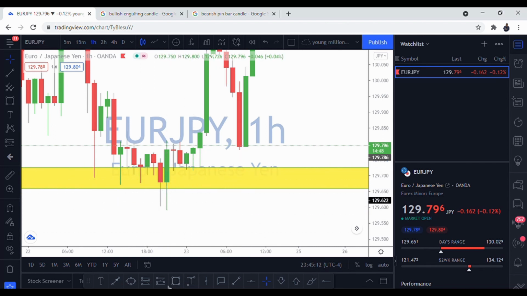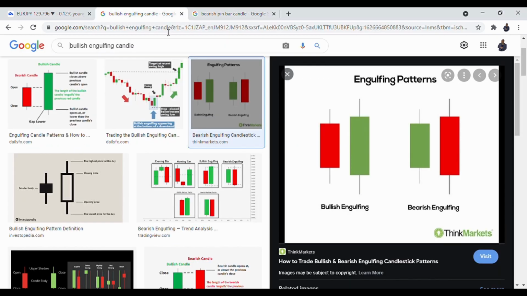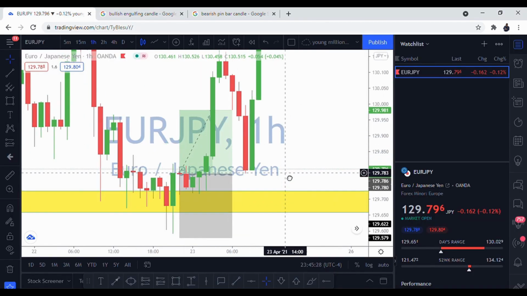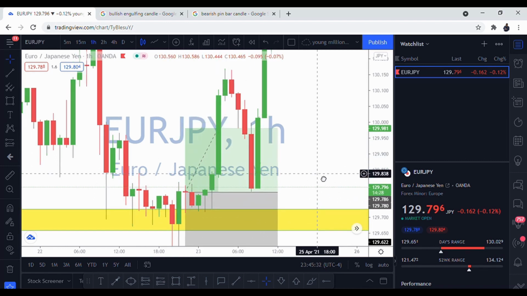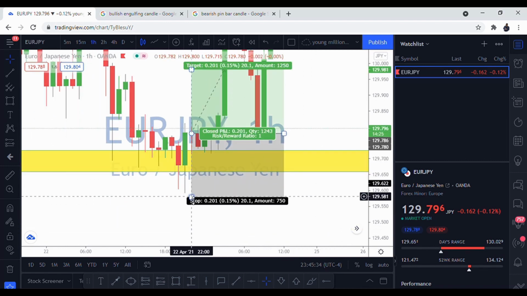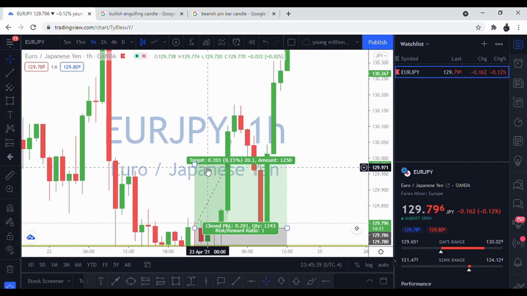Same principle, we'll put it right at the close where the price decided to close, and this would be a bullish engulfing, bullish this time instead of bearish. Basically this is what we do. So put it right there, right below it, and you try to aim for a 1 to 3.